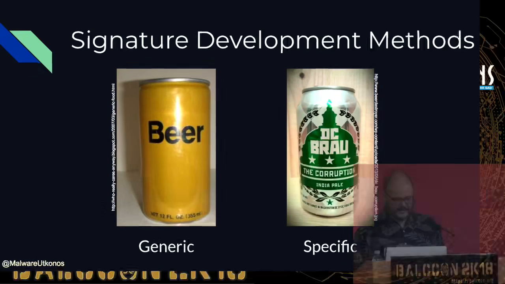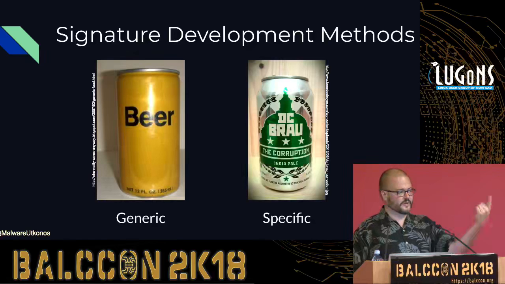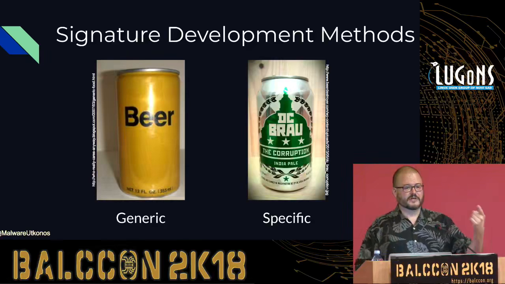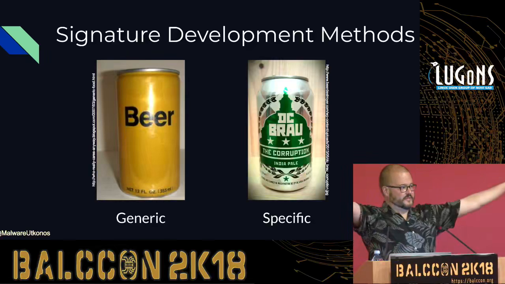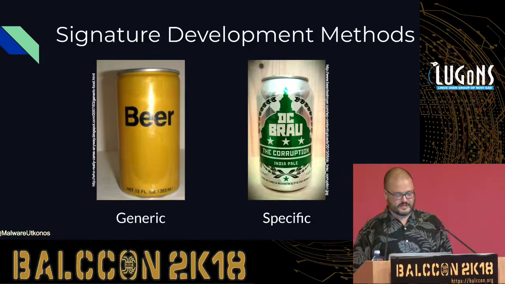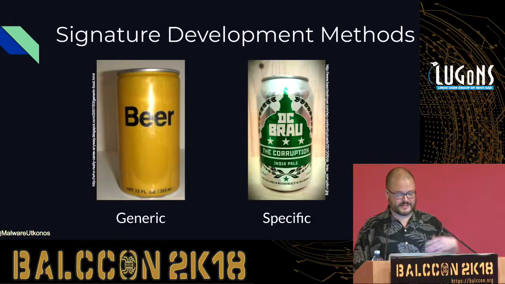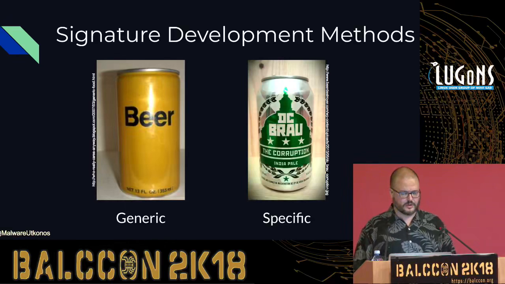So you have the generic approach, and the generic approach is basically you want to write one signature that spans as many different malware families as you possibly can, because the goal of an AV company is to detect and block the malware. It's not necessarily to identify the malware. That is perhaps a secondary or a tertiary goal.